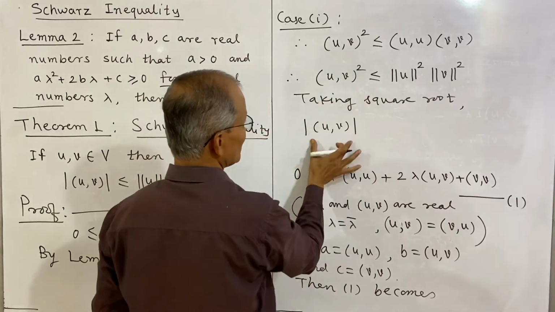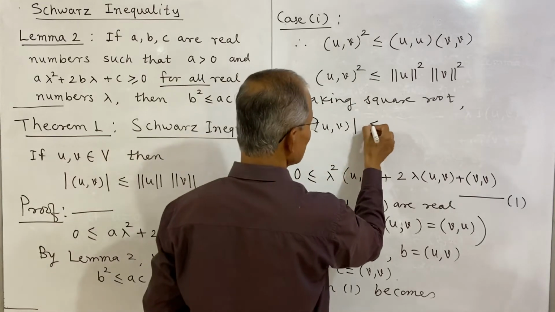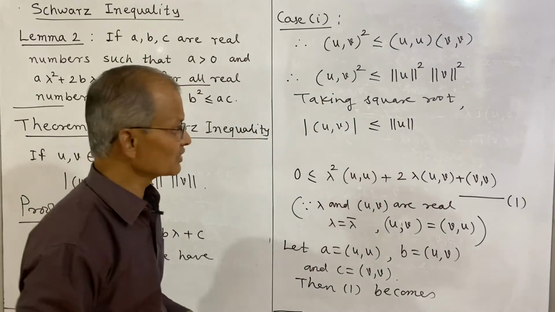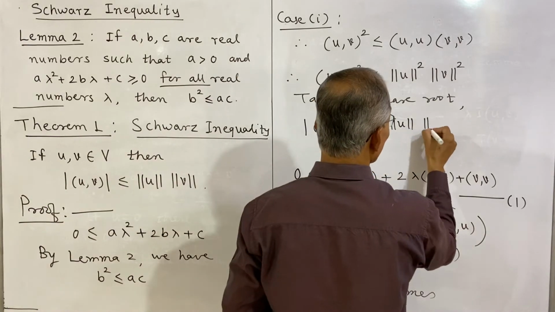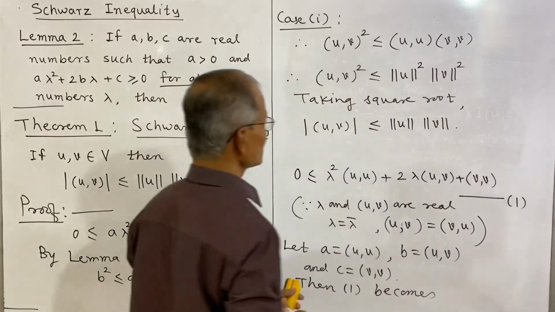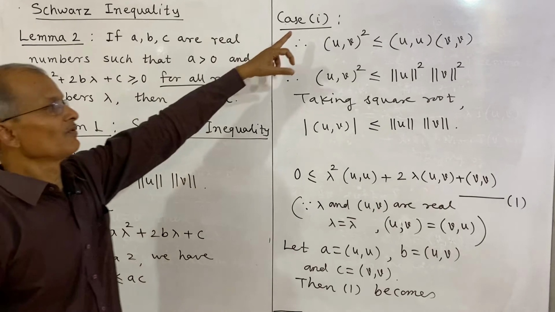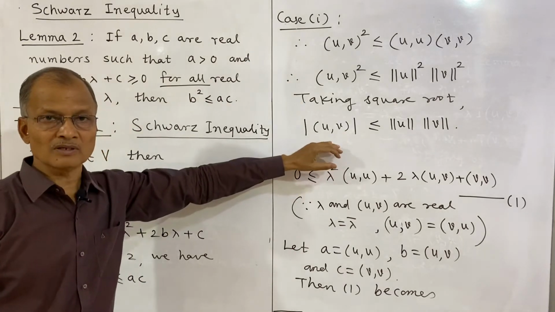We write like this, the square root of this, and this is less than or equal to norm u, it is a length and therefore it is positive, norm u into norm v, and thus the result is proved in this case, case 1, where this inner product is real.